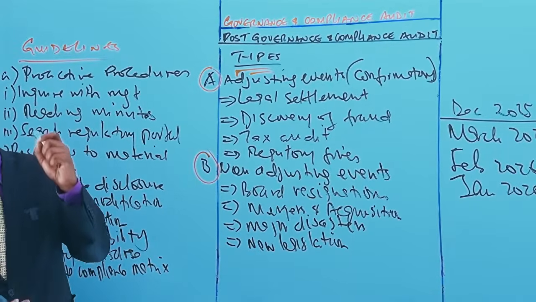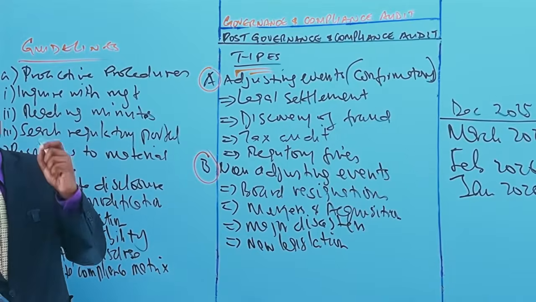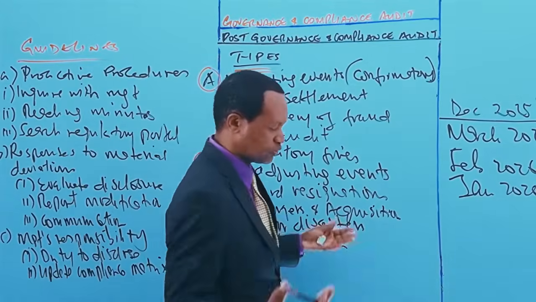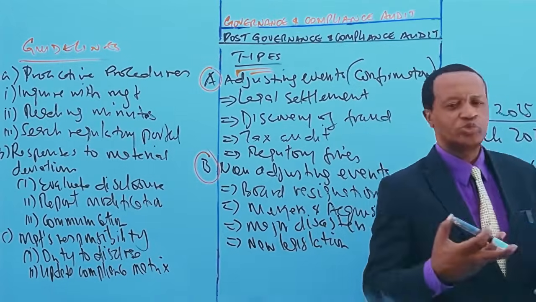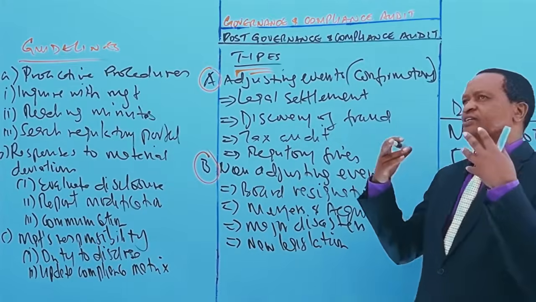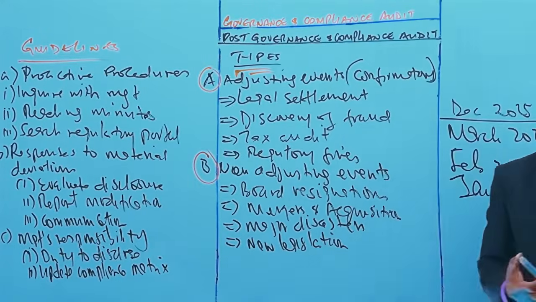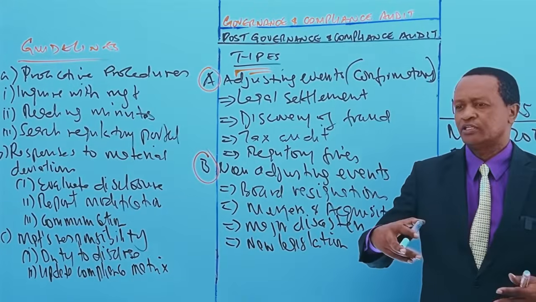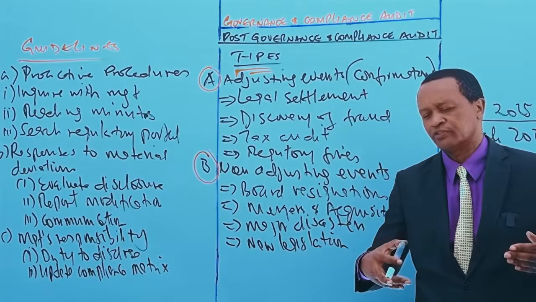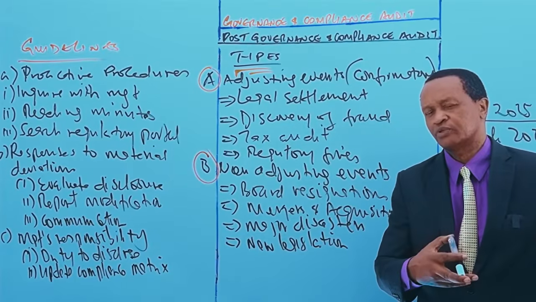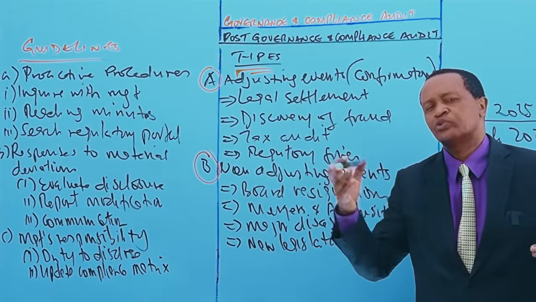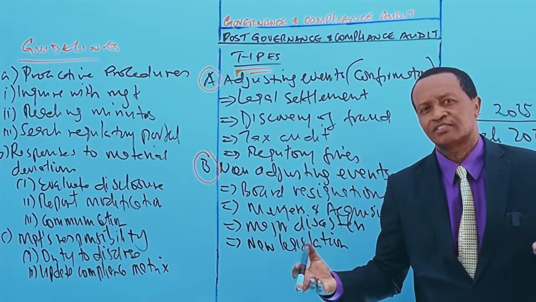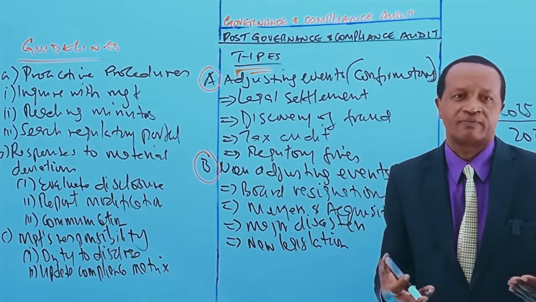Repeating, if a material fact becomes known after the governance audit report has been issued, then the auditor can do nothing. But if that information is so significant, if the fact is so severe that if it was known before the report was issued it could lead to qualification of the report or making the report adverse, then something has to be done.